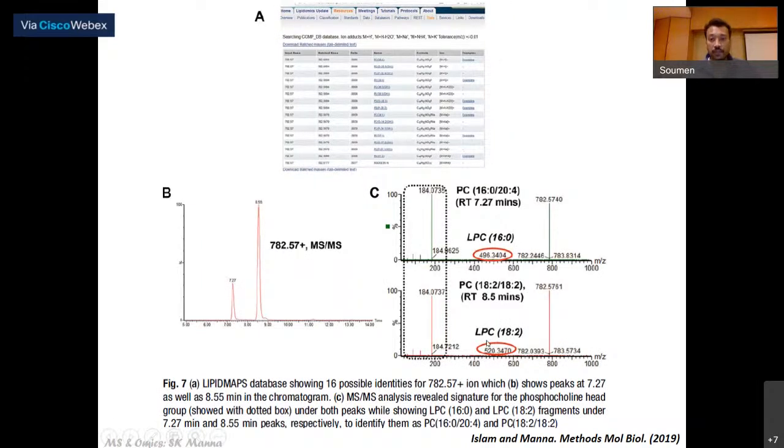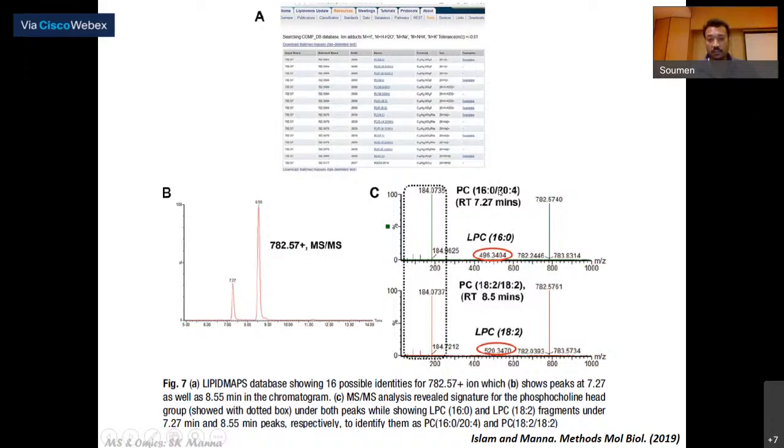And then you can always have, for example, here 782.57, and if you search, this will come up as a phosphocholine 36:4 in LIPID MAPS, which is shown here. So 36:4, as we discussed, can be any combination. Okay, so different types of combinations are possible to give you PC 36:4.